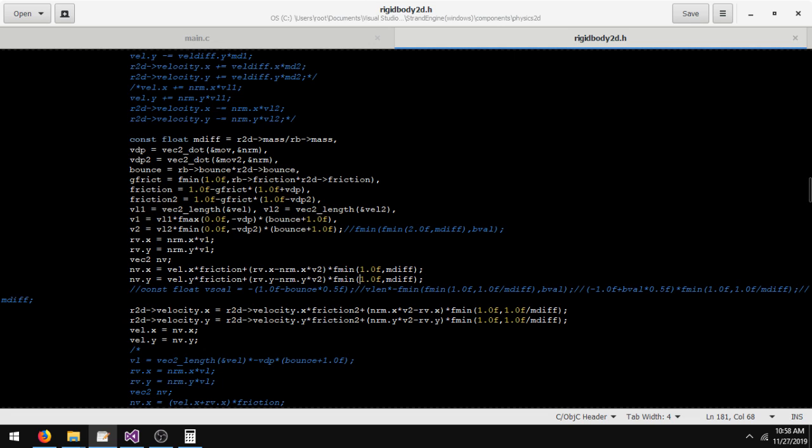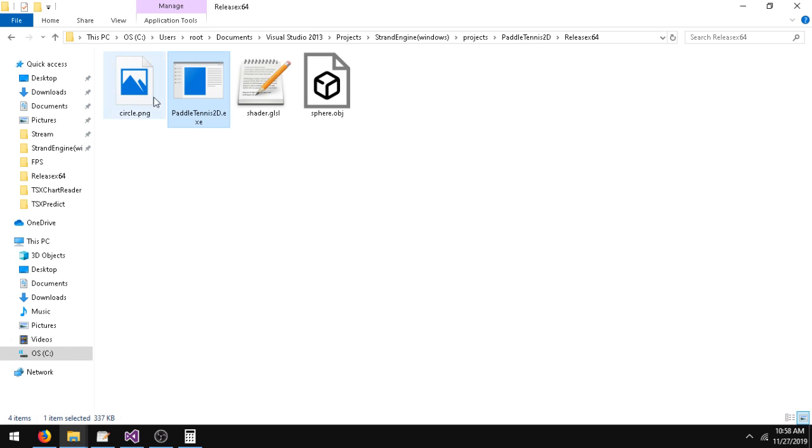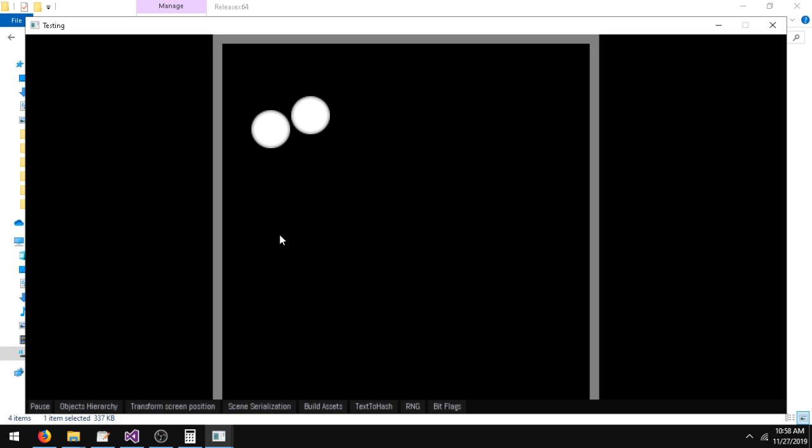So V2 is made to be negative, whereas V1 is made to be positive, it looks like. It's hard to tell. I might try doing just plus here, just because this is negative. Nope.